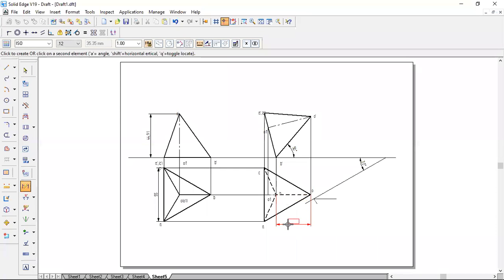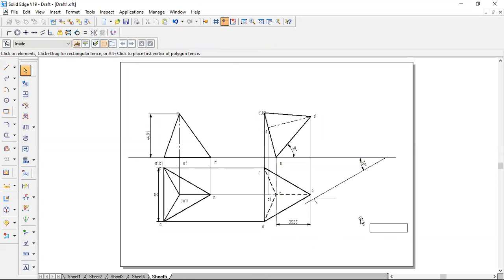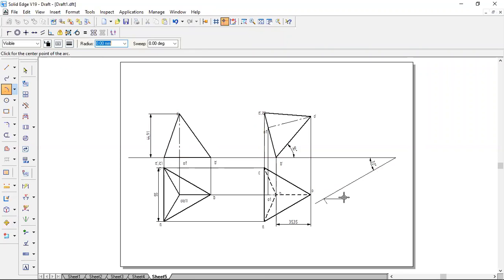is this much, which is 35.35. So you can make it this. Okay, so here this 35.35 is the radius.